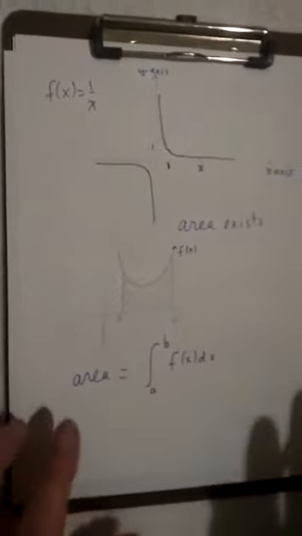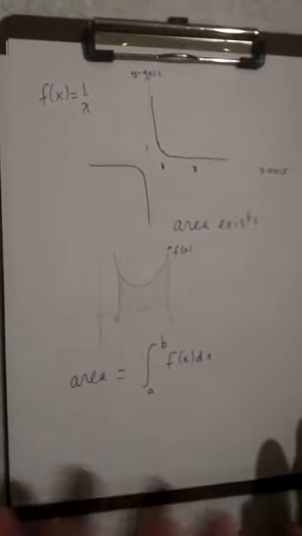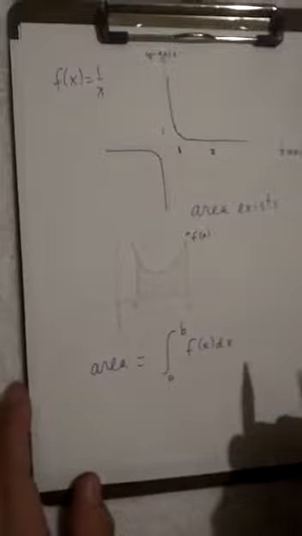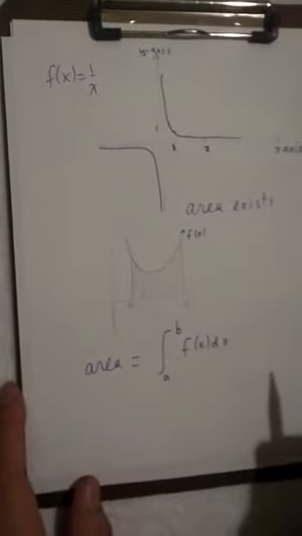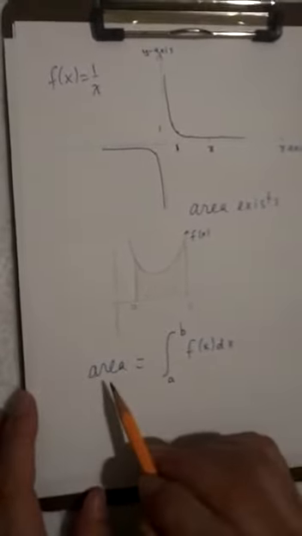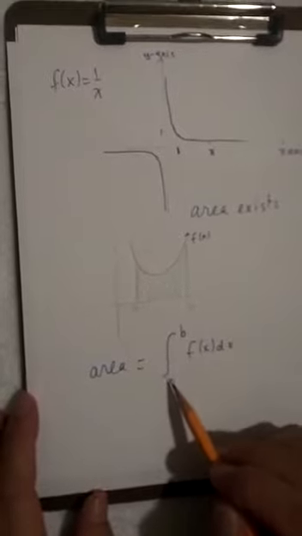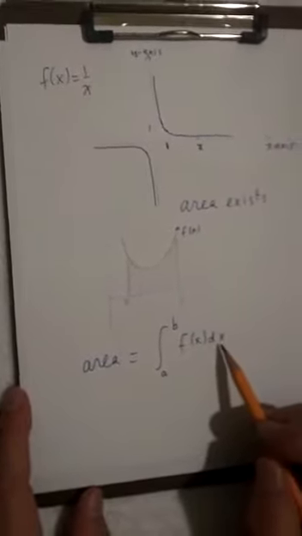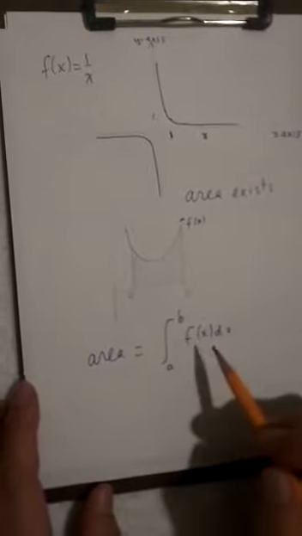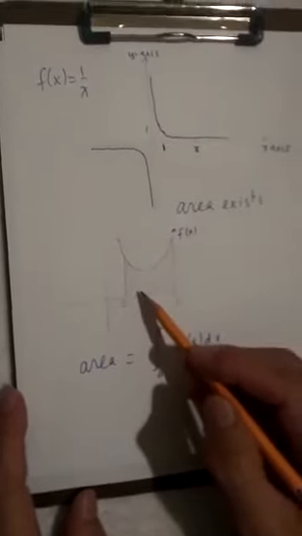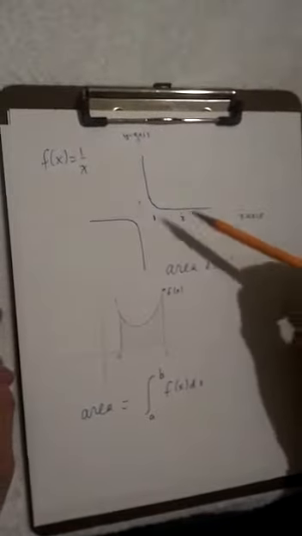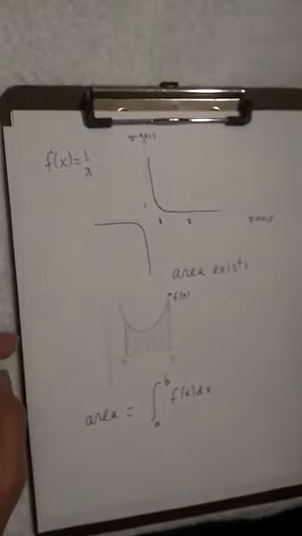Don't worry about what an integral is, because it's not today's lecture, and you don't need to know what an integral is to understand logarithms. This is called a definite integral between a and b of f of x with respect to x. When you calculate this, that gives you the area under the graph. So if we wanted to calculate the area under this graph, then we would integrate 1 over x dx.